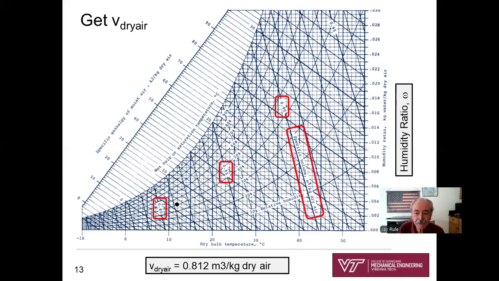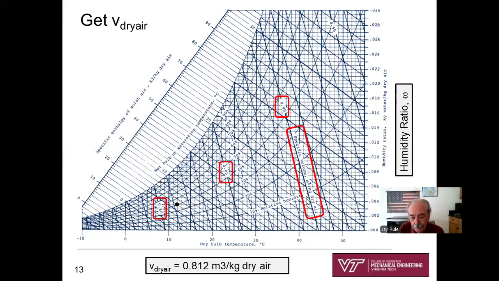Okay, the next thing, let's get the specific volume of the dry air at state 3. How are we going to get that? Well, here's our point. We need to study our psychrometric chart, and we see another set of axes labeled specific volume. And let's look at the units here. Cubic meters per kilogram of dry air.